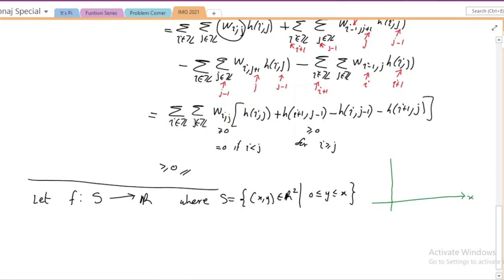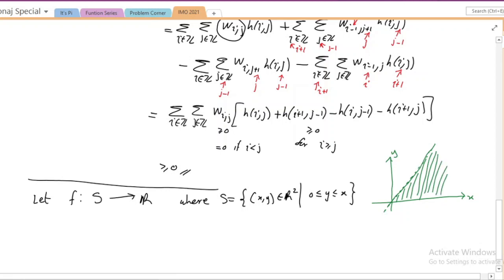So this is like the x-axis, y-axis, and then we have this. Based on the equality possibilities, we can make it straight. Yeah. So it's just this region here. So it's about 1/8 of the plane.